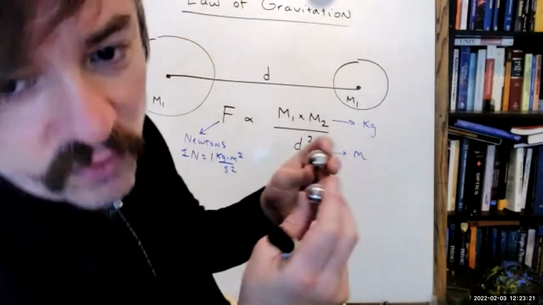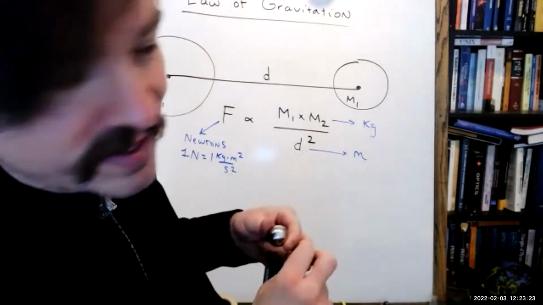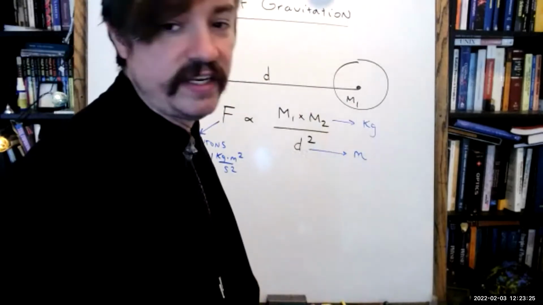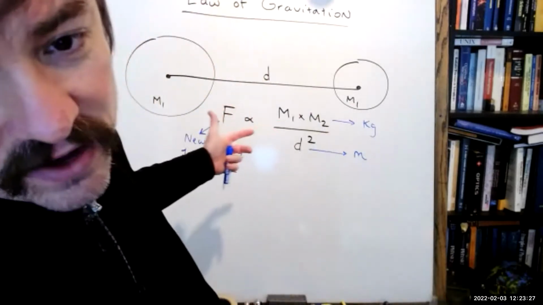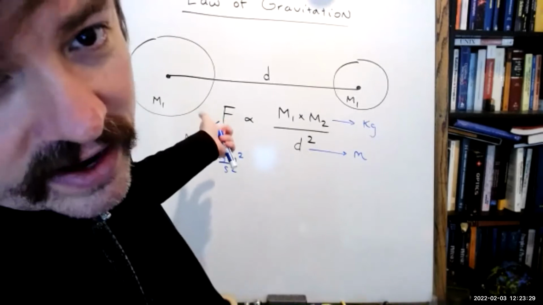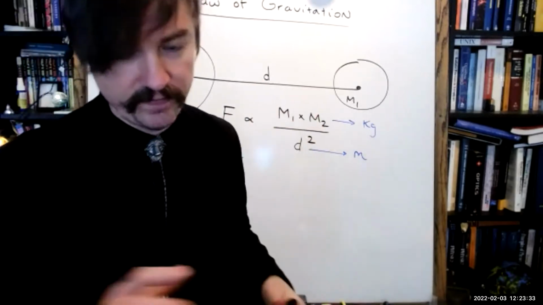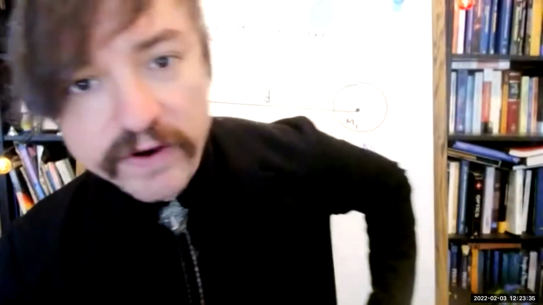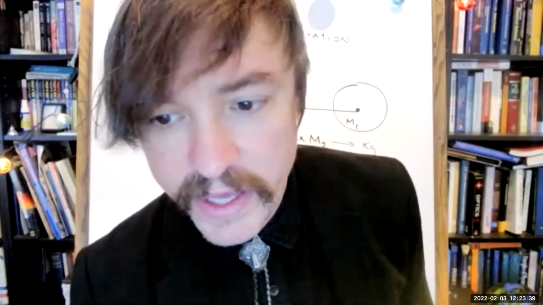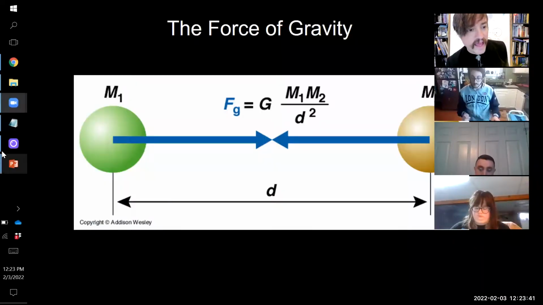Because gravity is a weak force at small human scales, Newton didn't have a good way of answering that question. He actually did not know how to compute a force. He could only tell you how forces would change. To do that, another physicist, another experimenter would have to come along. And that scientist was Henry Cavendish.